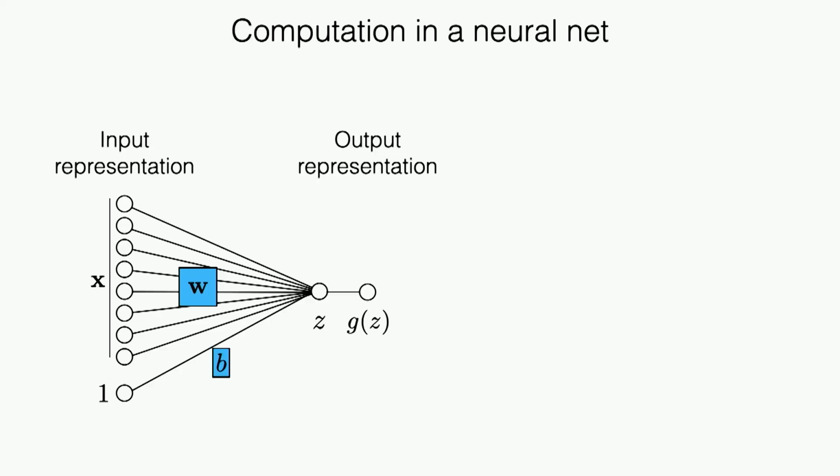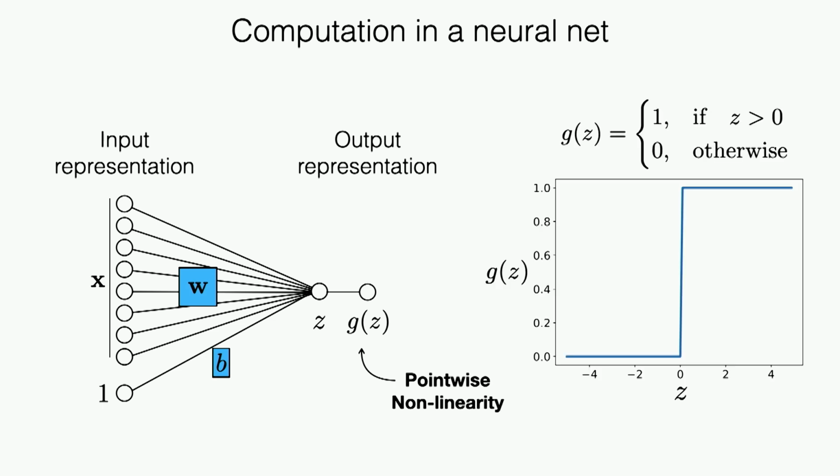Okay, so what you need to do is add a nonlinearity to make it so that you can do nonlinear things. We call it a pointwise nonlinearity when it is a scalar to scalar mapping. So we take our output representation vector, and for every element, we're going to apply a nonlinear function, a scalar one number to one number nonlinear function.